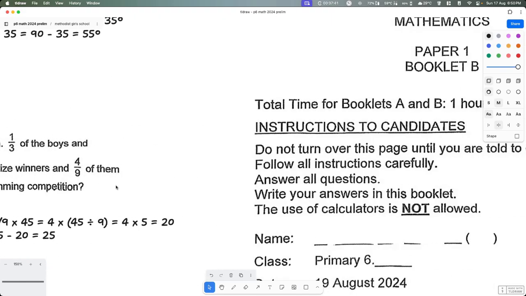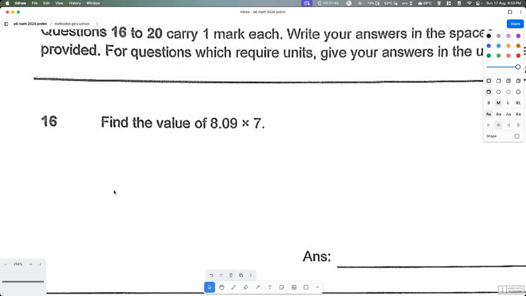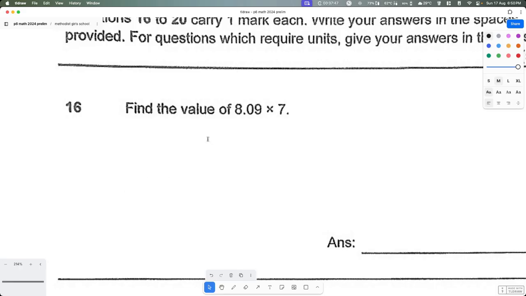Question 16 in booklet B. Find the value of 8.09 times 7. So this is the same as 8 times 7 plus 0.09 times 7. Okay, single digit.